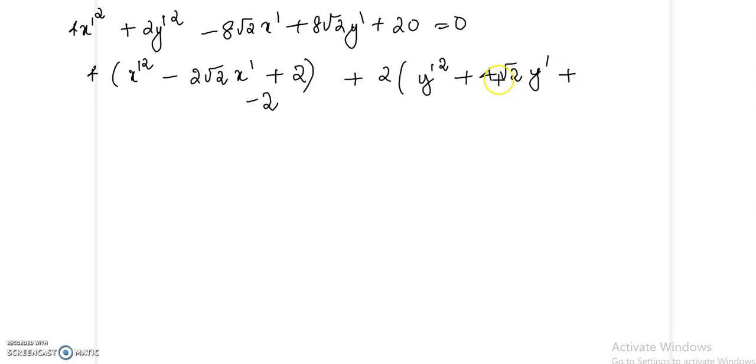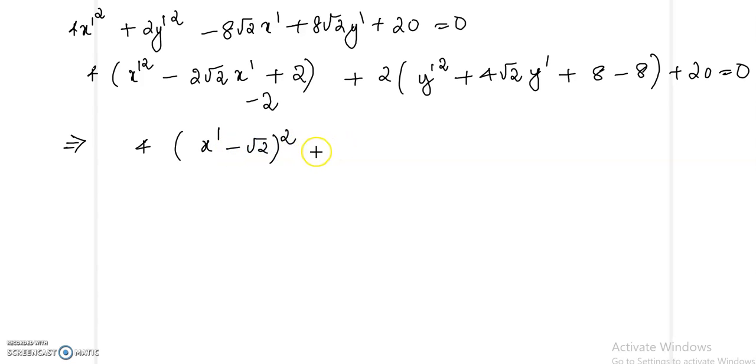So this will be 2 into 2 root 2. So that will be 8 minus 8 plus 20 equal to 0. So you will get 4 x dash minus root 2 whole square plus 2 y dash plus 2 root 2 whole square equal to minus 20.